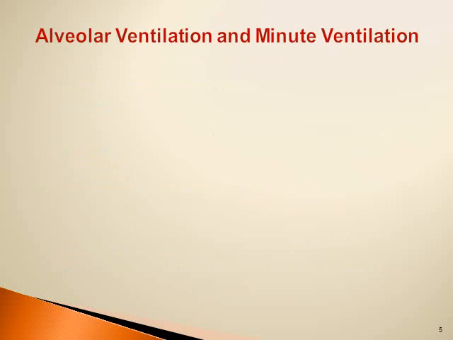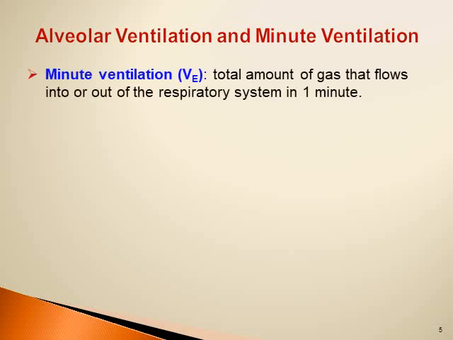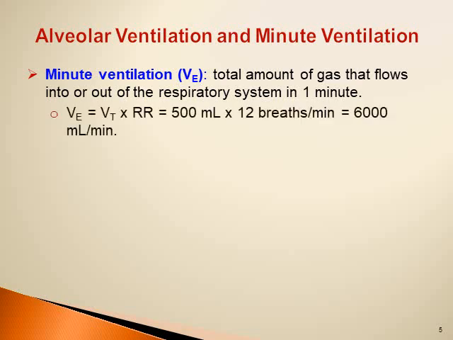Now let's go back to remember the two terms that we studied in the previous lecture. These are the alveolar ventilation and minute ventilation. As you remember, minute ventilation is the total amount of gas that flows into or out of the respiratory system in 1 minute, and it is the product of tidal volume and respiratory rate, and we said in the previous lecture it is about 6,000 milliliter per minute.